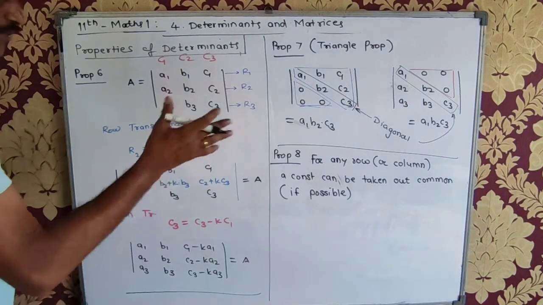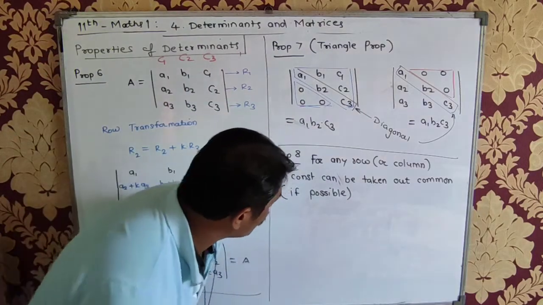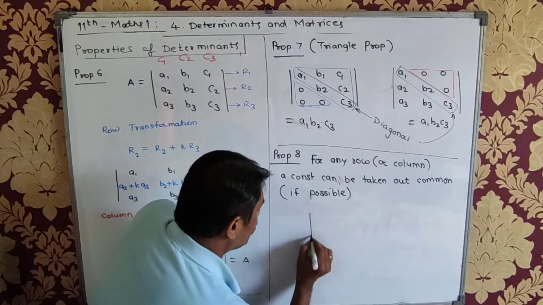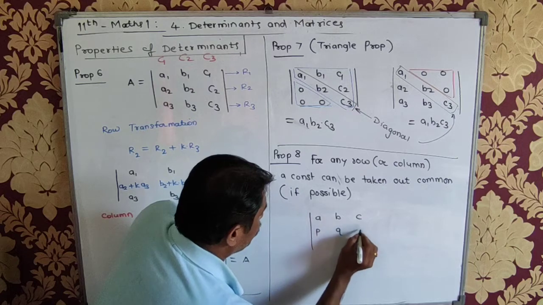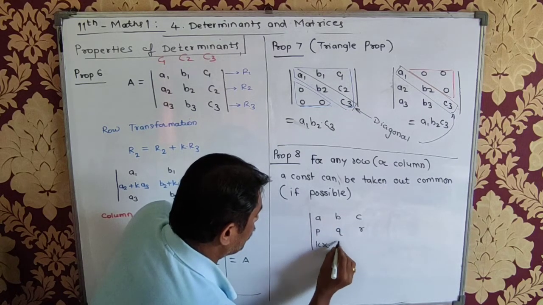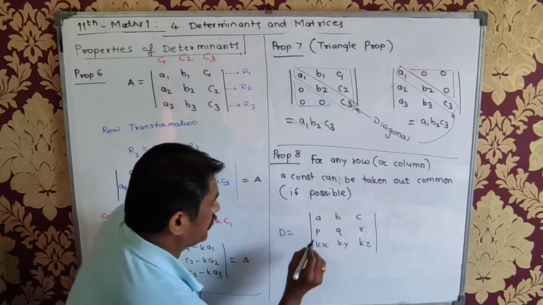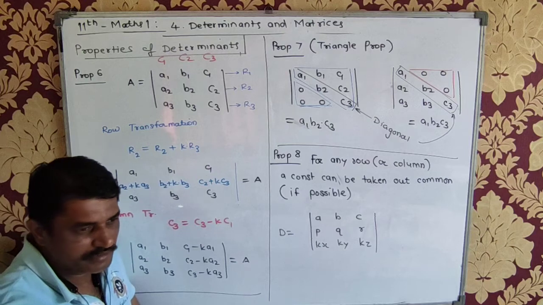Property number 8. This is not given in the book, I am telling you an extra property. For any row or column, a constant can be taken out common if possible. Suppose there is a determinant A, B, C, P, Q, R, Kx, Ky, and Kz. Can we take out any constant from there?